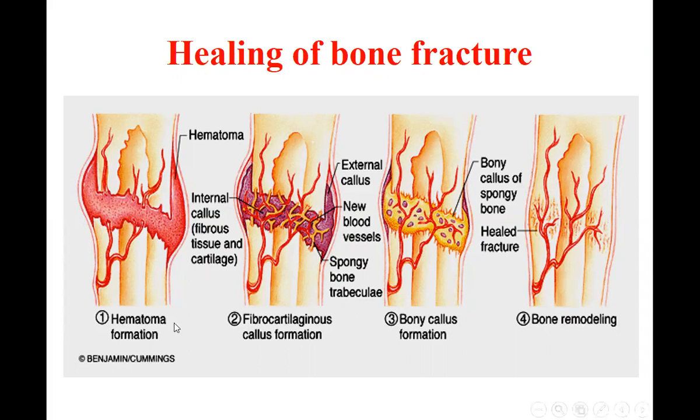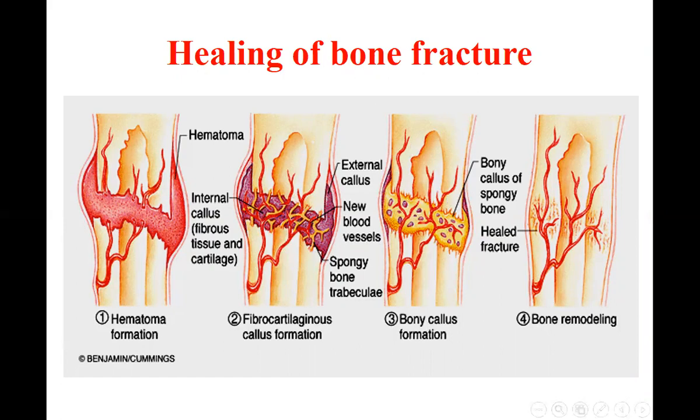So this is the whole process of healing in the case of bone fracture. As soon as there is a fracture, there is severe bleeding and hematoma formation because of the rupture of arteries. Then after some time, there is fibrocartilaginous callus formation within this blood area, and the arteries start rejoining. In the third stage, there is slow deposition of calcium. This is called bony callus formation. Now it has acquired the bony part, but it is very irregular in shape.